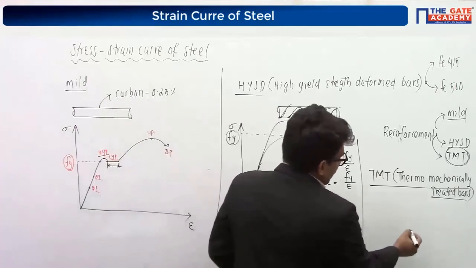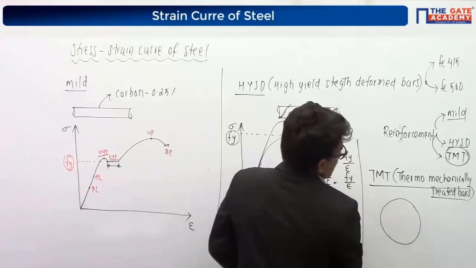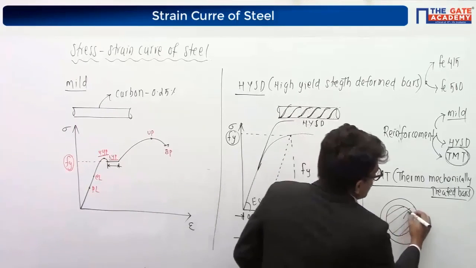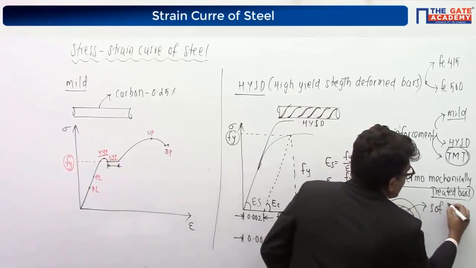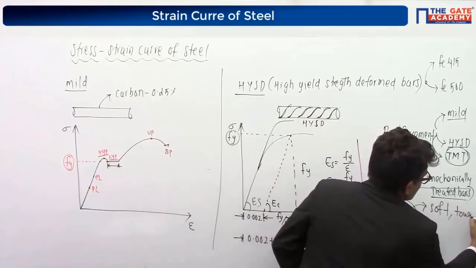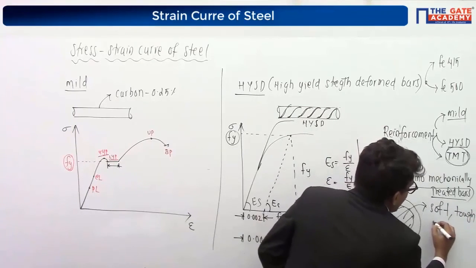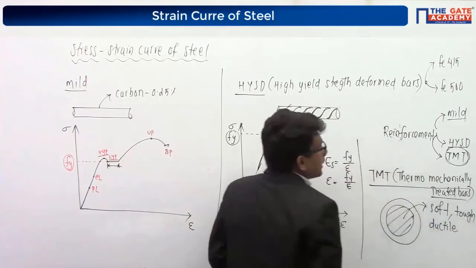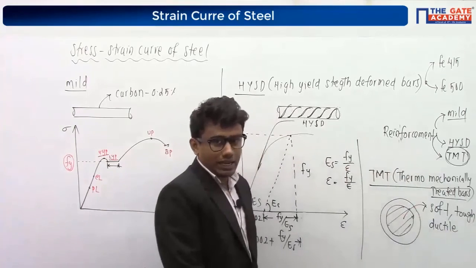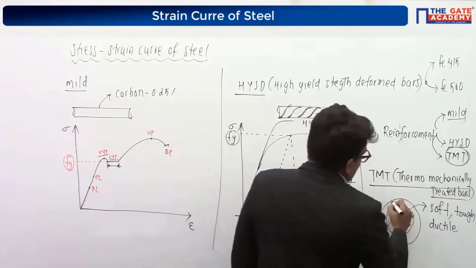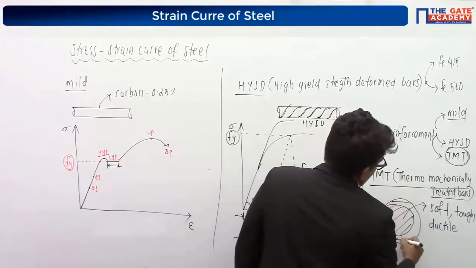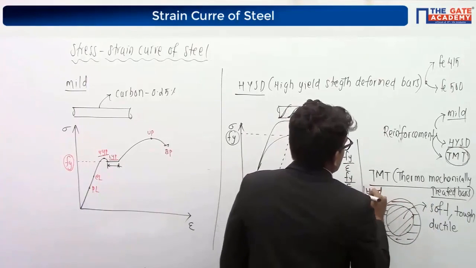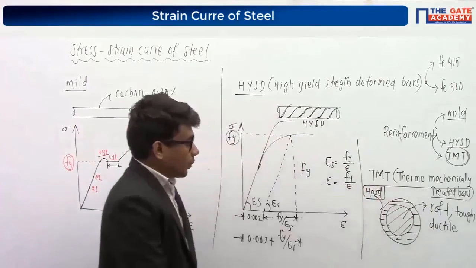In TMT, if we take the cross section of our steel bar, the TMT steel bar will have an inner soft core, a soft, tough and ductile inner core. And the outer surface will be a hard outer core.